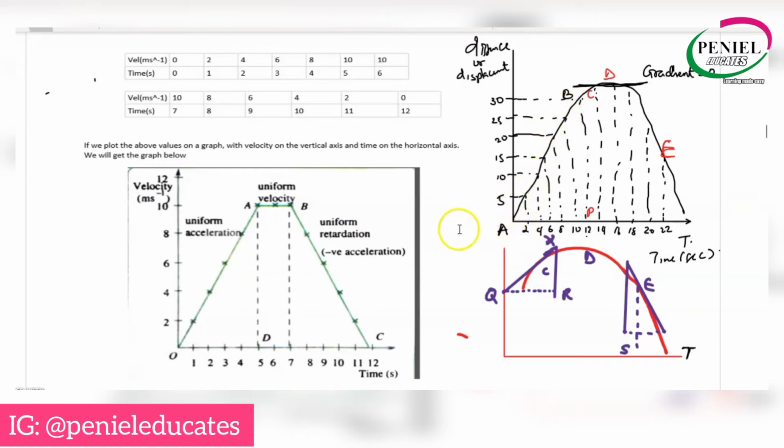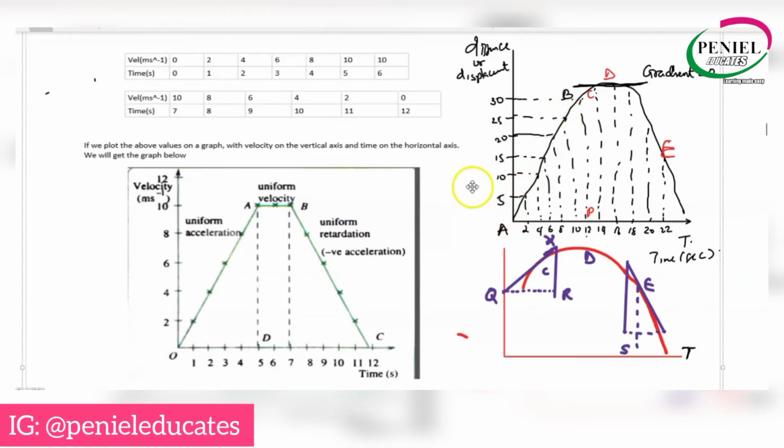So you discover that we have the rate of change over the time interval. Time interval here is 2, so you have 5 divided by 2, that is 2.5. Then the distance here is also 5. So if you do that with the time interval, it's going to give you 5 over 2, 5 over 2, 5 over 2. So we have that slope constant all throughout along this line AB.